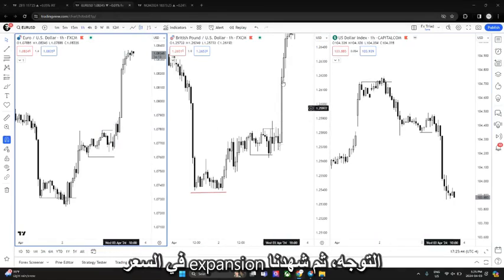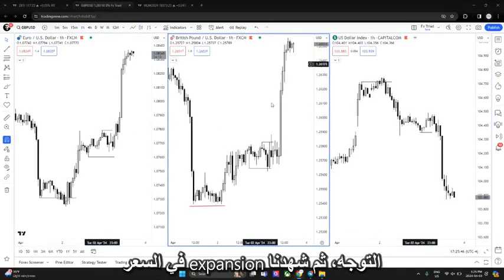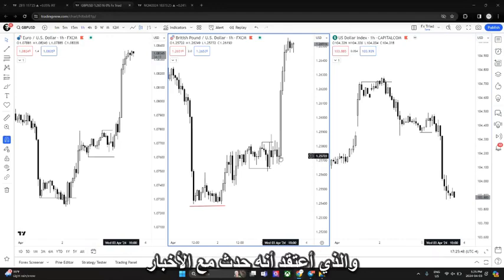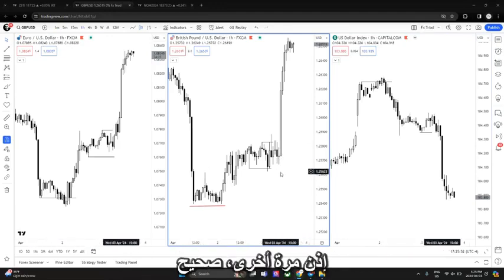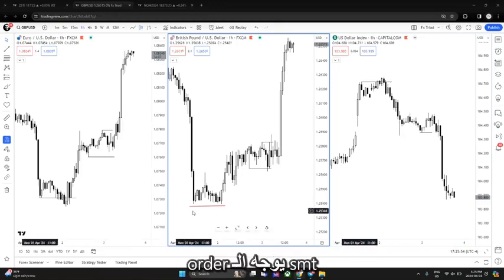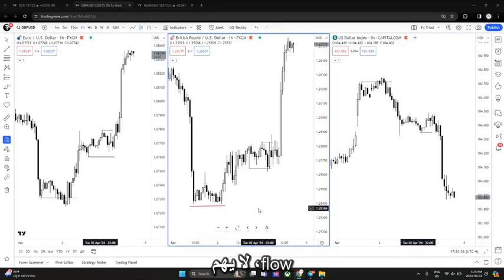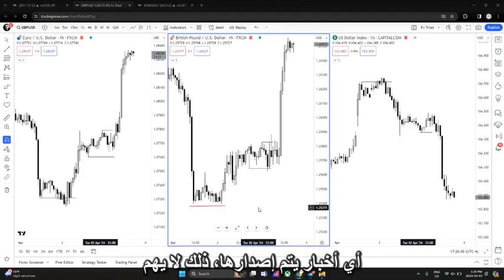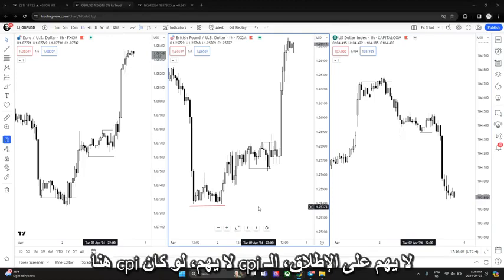Then we had price expand, which I believe occurred with the news. So again, SMT directs order flow. It doesn't matter which news is being released. It doesn't matter at all. It's CPI?